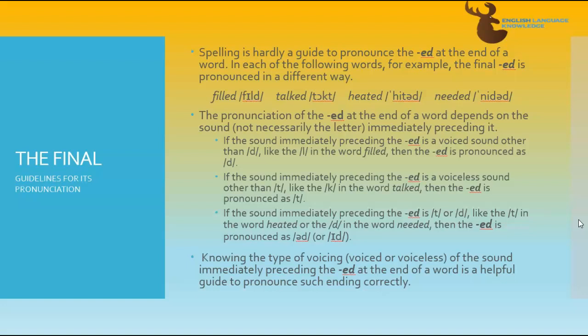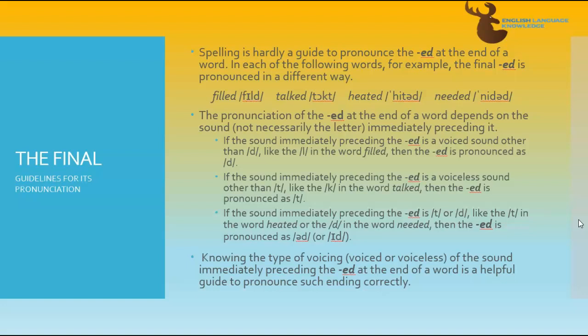Okay, it is very important to keep in mind that the sound preceding the ED can be any voiced sound other than d. Okay? There is a special rule that applies to words in which the ED is preceded by the sound d. So, if the ED is preceded by a voiced sound other than d, then the ED is going to be pronounced d.